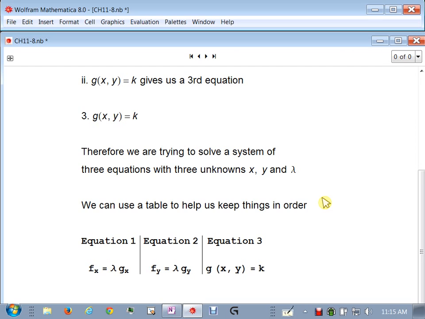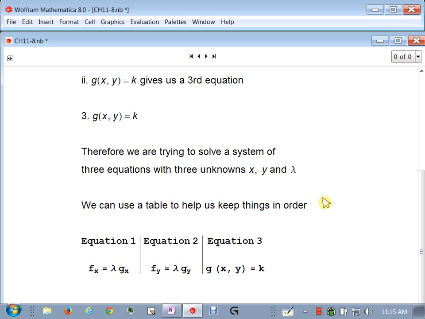So going back again, the three things we have are: I can ask you for the local max, local min, and saddle of a function where there's no restriction on the domain. That was the first thing we learned, that's calculating capital D. Next thing they could do is lock down the domain to a closed bounded set. That's what we did last class, where you look on the inside a little bit, then you go around the edge.